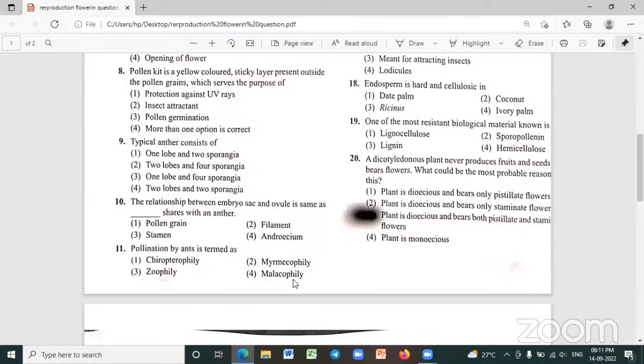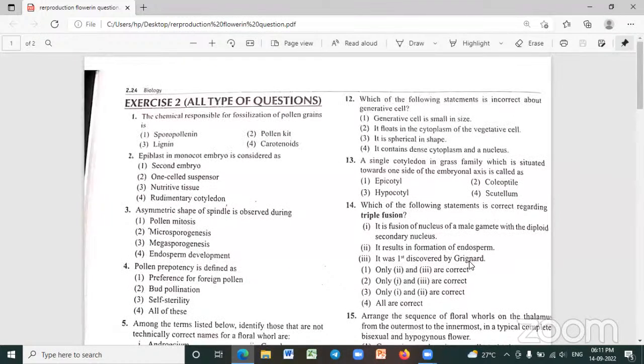Malacophilic is snails. Here the answer: pollination by ant is termed myrmecophilic. And chiropterophilic, which one is chiropterophilic? Already studied those things also.